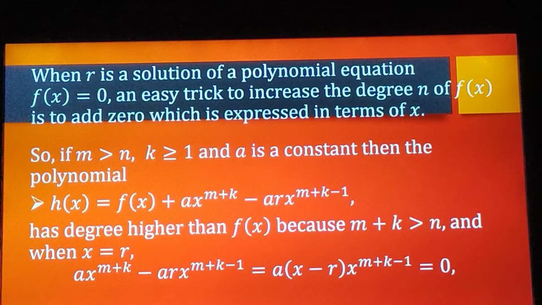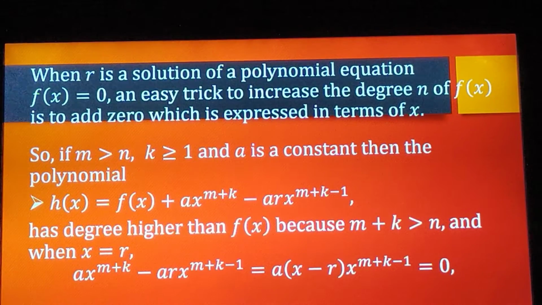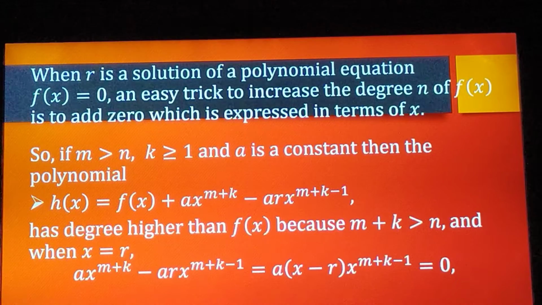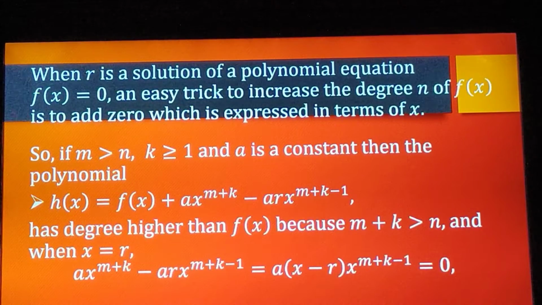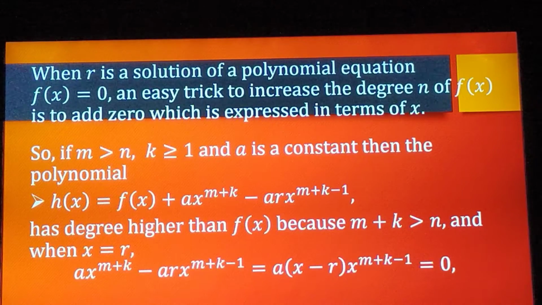So if m is greater than n, the degree of f of x, k is at least 1, and a is a constant, then the polynomial h of x, which is f of x plus a times x to the m plus k minus a r x to the m plus k minus 1, has degree higher than f of x because m plus k is greater than n, and when x equals r, the new expression added to f of x is actually 0.